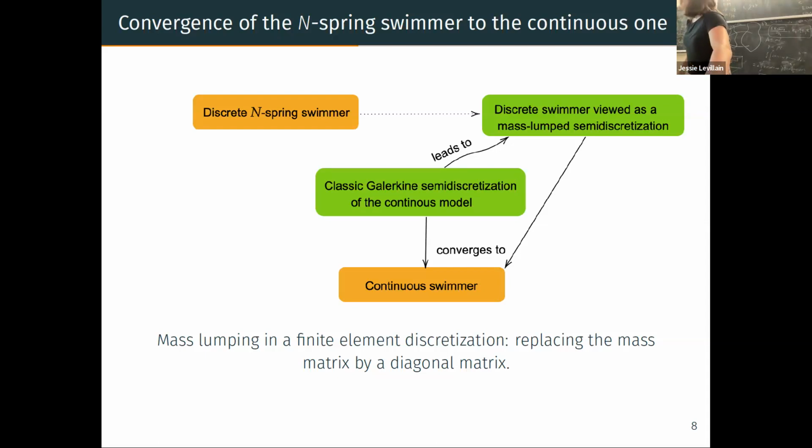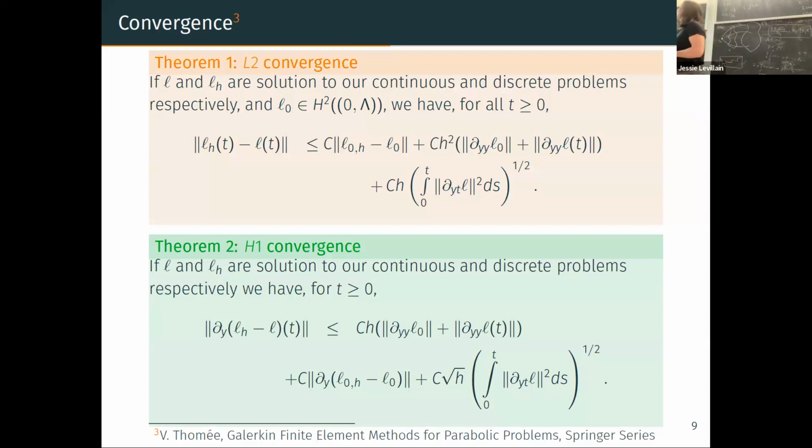We actually have two theorems that are derived from a book by Thomée, who proved for Dirichlet conditions on both ends that a mass-lumped semi-discretization of a problem always converges to the actual problem. In our case, we don't have the exact same result as Thomée because we don't have the same boundary condition, but we're still able to prove the convergence.